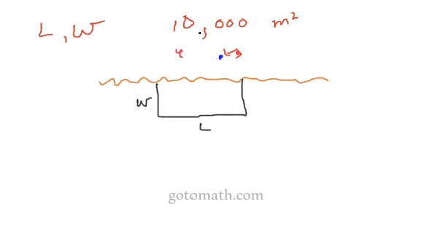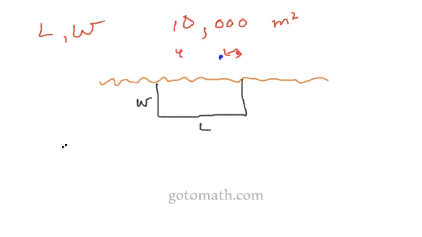He said that he needs to have 10,000 meters squared. So the area of this rectangle here, or part of one anyway, is going to be 10,000 meters squared. He wants to minimize the perimeter. Okay, so we need to find the dimensions of W and L.